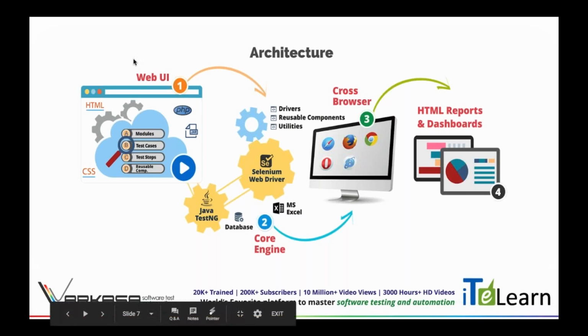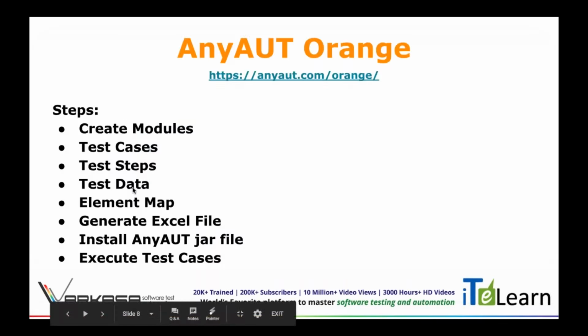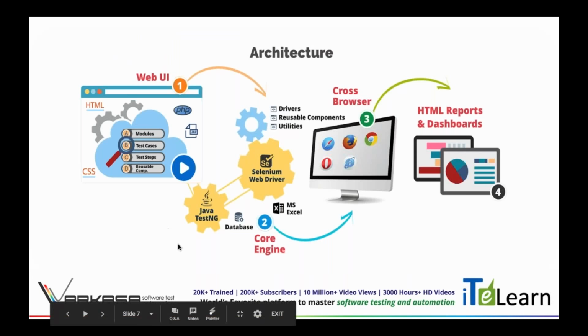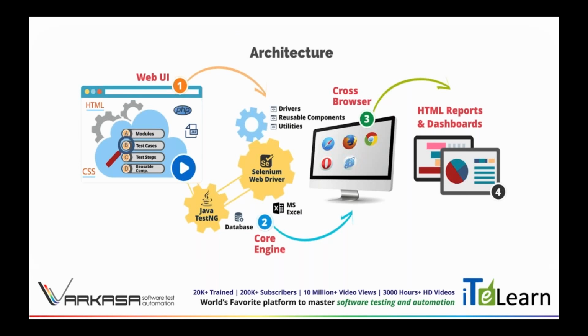Once a user creates all these modules, test cases and test steps here, what happens is, using Java, Java TestNG and Selenium WebDriver in the background, the application AnyAUT Orange will create an exported Excel file, which can be used with a driver that we can install locally on our PCs.